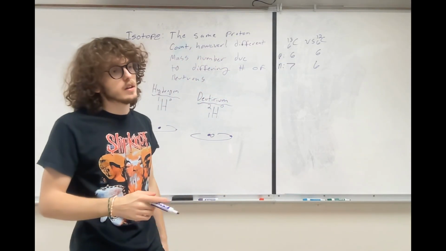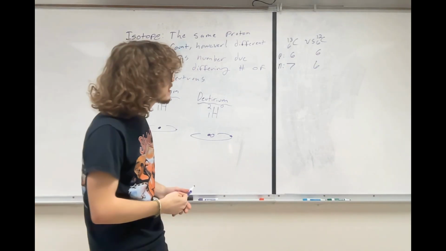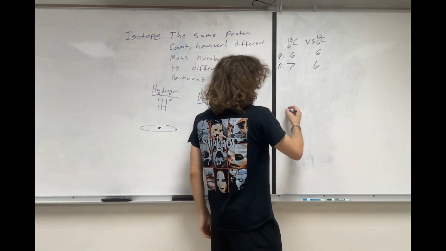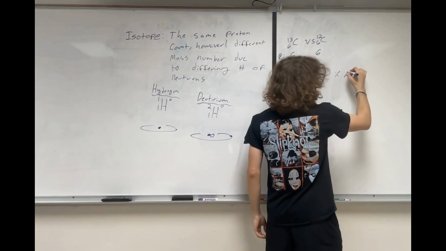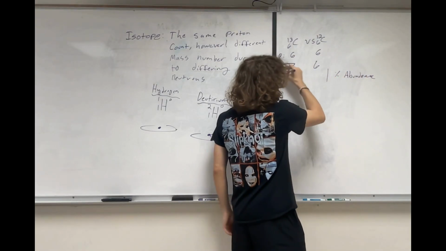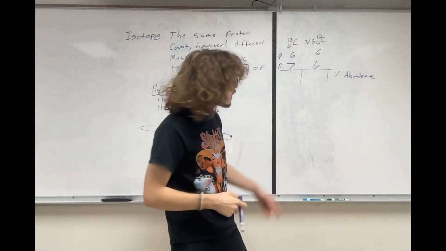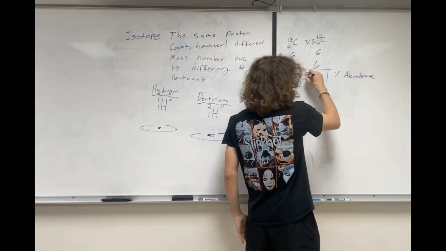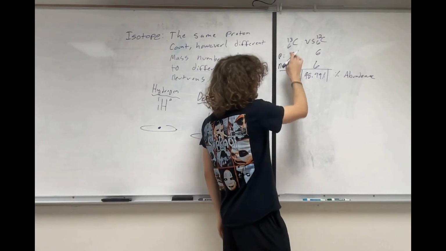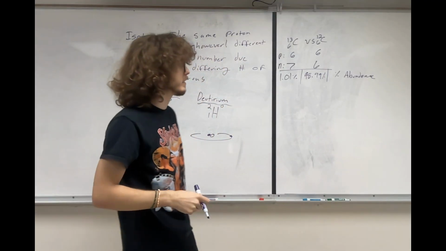These are isotopes. There is an important distinction, though, and that's the fact that there are different abundances. So let's talk about the percent abundance. So what's the percent abundance of these in nature? Well, it turns out that C12 is the most abundant at 98.99%. And C13 is only abundant at 0.01%.